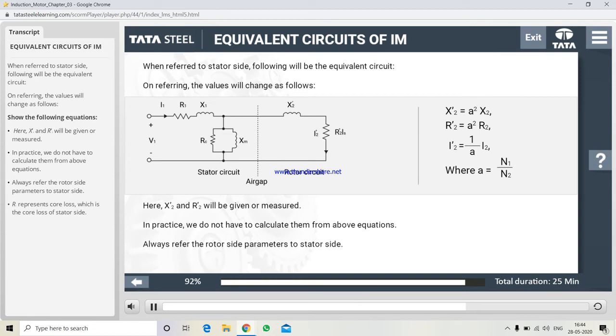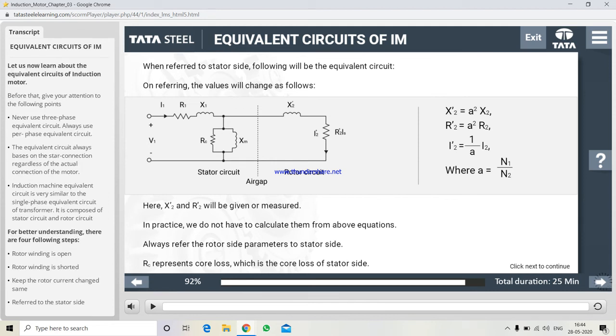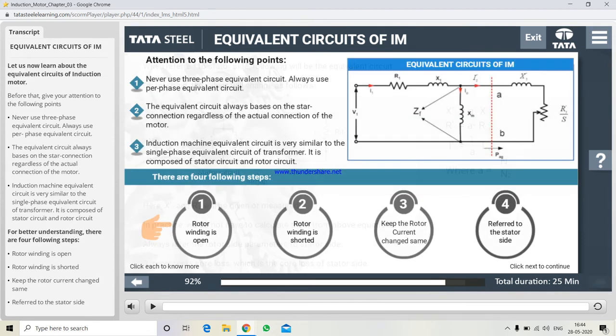Always refer the rotor side parameters to stator side. RC represents core loss, which is the core loss of stator side. Click Next to continue.